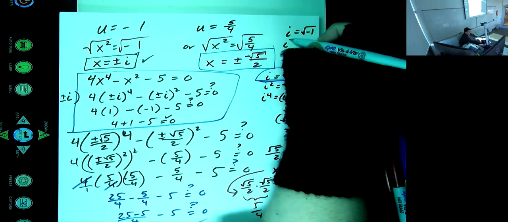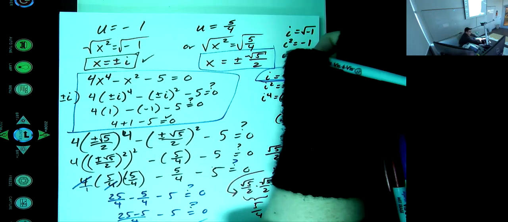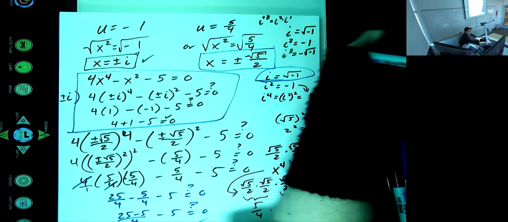But just as a reminder, i is the square root of -1. If I square both sides, if you square the square root of -1, the square root goes away. i cubed is those two multiplied together, because i cubed is i squared times i. So i cubed would be negative the square root of -1, or negative i.